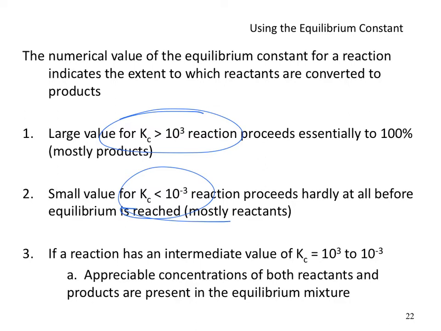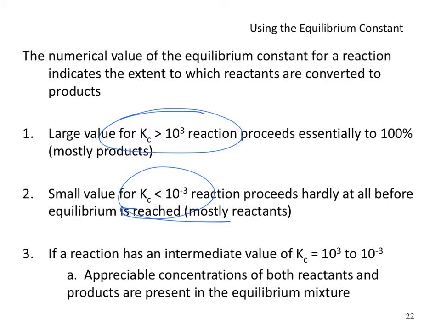The left-hand side will be more predominant, and any value in between would mean it's kind of like a 50-50 or more like 40-60 type of ratio. And so you would be able to say that both reactants as well as products are going to stay in that reaction mix. This information is very pertinent for your upcoming dry lab 2.